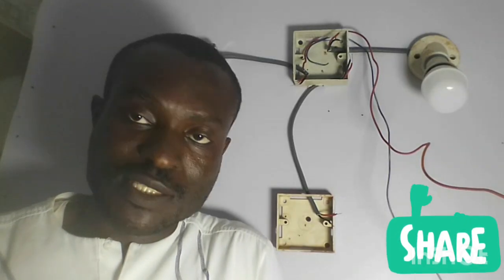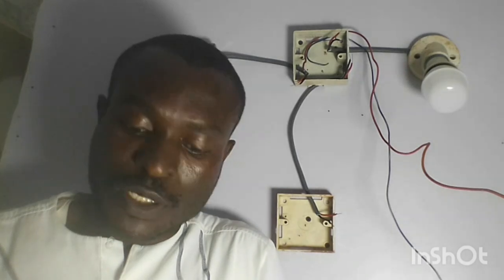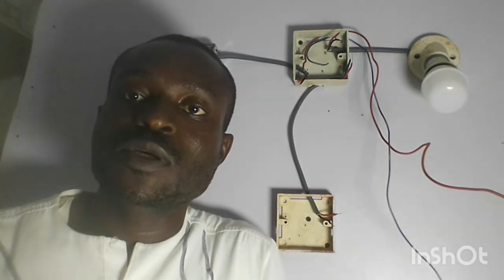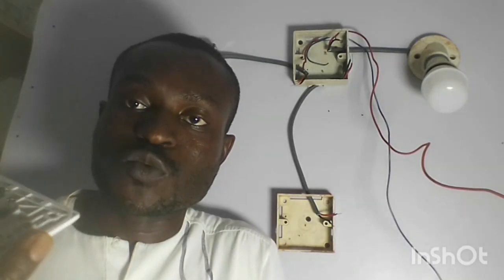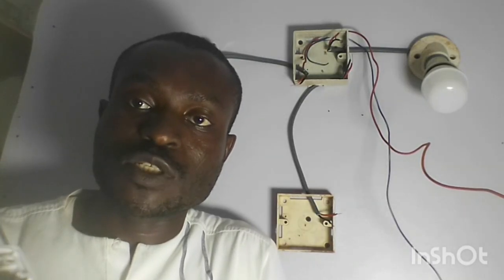One of the terminals is called common. You see it as COM. And the other two terminals at the other end are named L1 and L2. There is a reason why you have two terminals at one end of the switch and one terminal at the other end, and we are going to talk about it in this video.